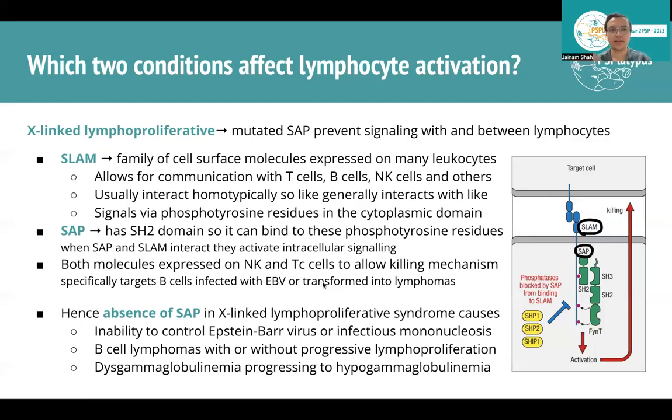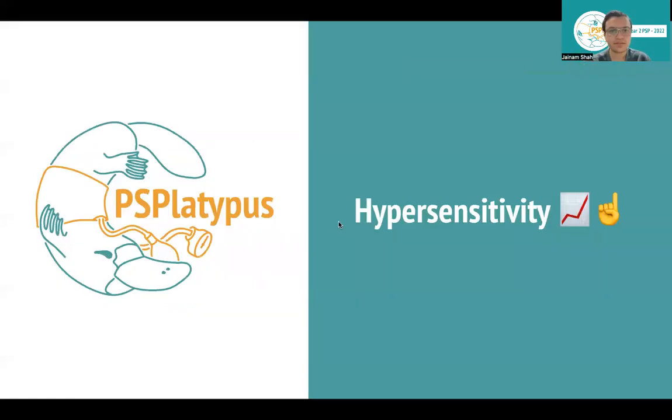So as you would expect, if you have an absence of SAP in this particular condition, you're not going to be able to control a lot of bacterial infections, but more specifically, viral infections, but more specifically Epstein-Barr virus, which is also known as infectious mononucleosis. Okay, so then you can have patients who have contracted EBV who are more likely to develop a lymphoma than other patients, right? So you need to make sure that they don't have this condition. No matter how rare it is, it's still important to make sure it's not there.